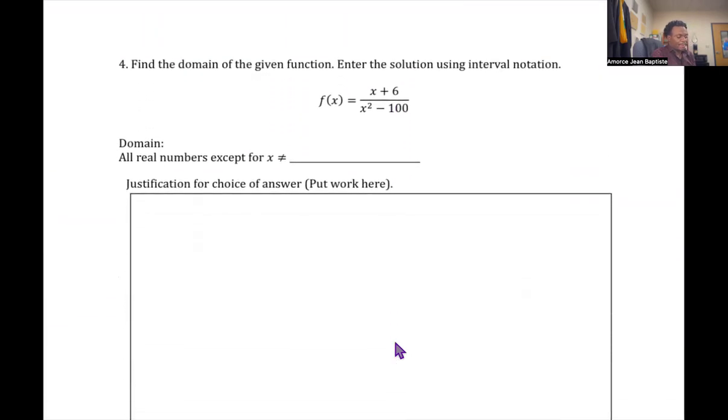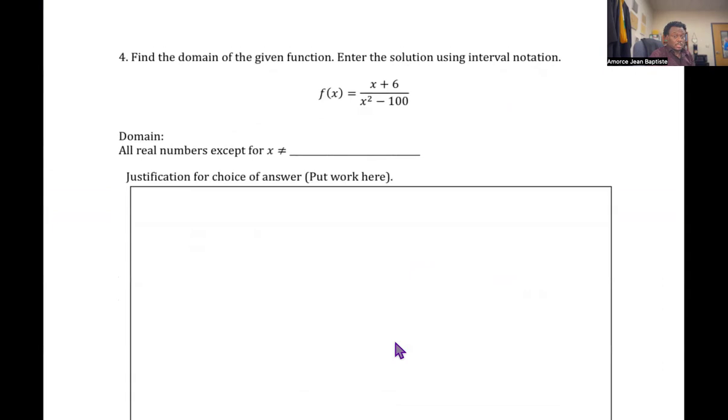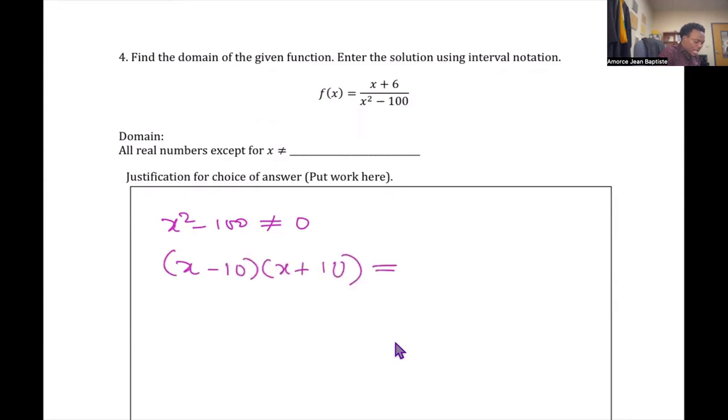Next example here, we have (x + 6) over (x squared - 100). So we're going to make sure that the denominator is not 0. So x squared - 100 cannot be 0. We can factor this as (x - 10)(x + 10) cannot be 0.